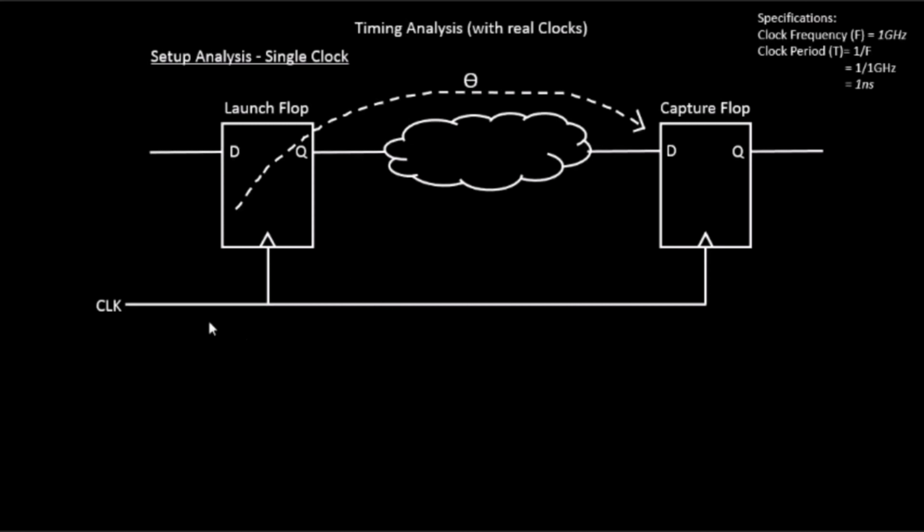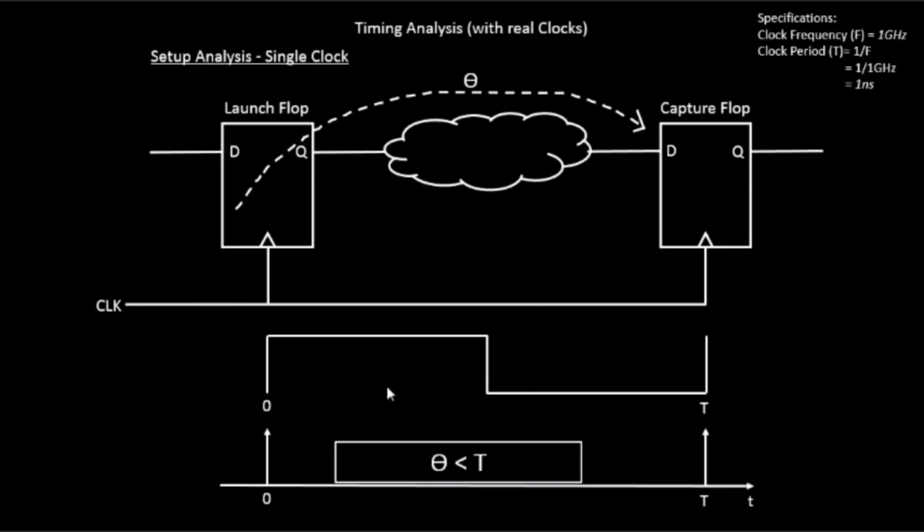Without the clock tree, when clocks are ideal, the requirement that comes from this particular timing path is this: if this is your waveform, 0 to T is nothing but your 1 nanosecond. The requirement is that the combinational delay theta should be less than your time period T, which is the inverse of the clock frequency.